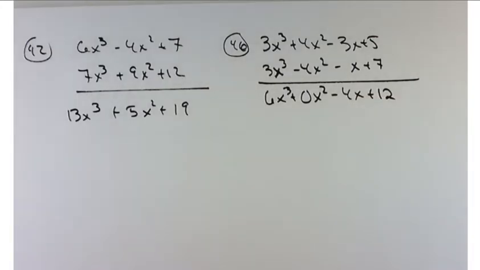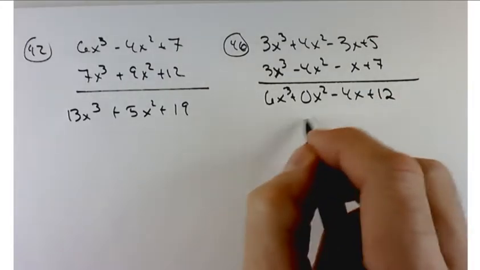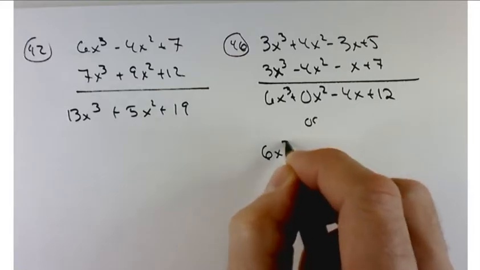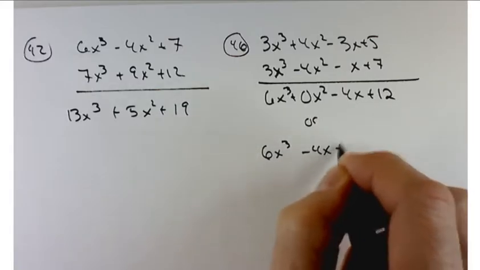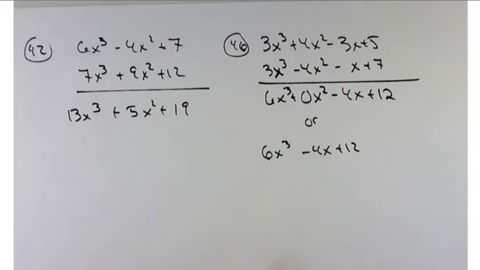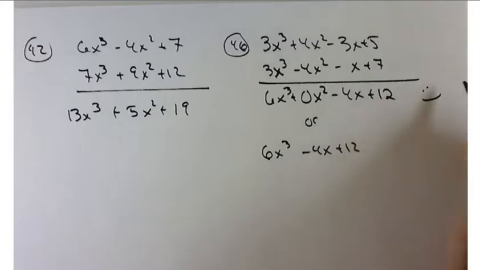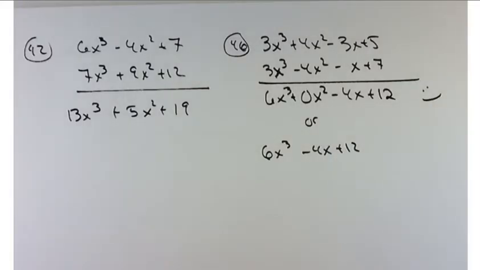Perfect. So you can write this or 6x cubed minus 4x plus 12. If I was writing out an answer key for a test like this, I'd probably use the latter one. If you wrote this, that's fine too. Doesn't bother me at all if you want to write it like that.